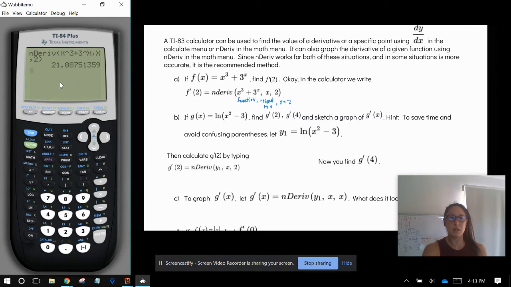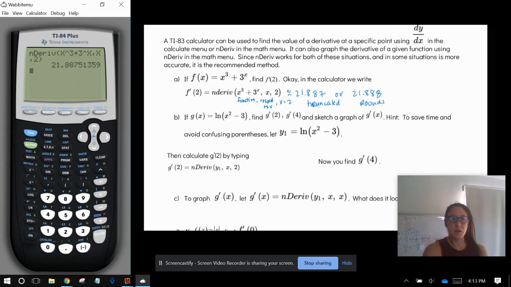Then I go ahead and press enter, and I get a value of about 21.887 or 21.888 because it rounds to this, and this is truncated, which means we just cut off any numbers past the third decimal. AP test will take either.